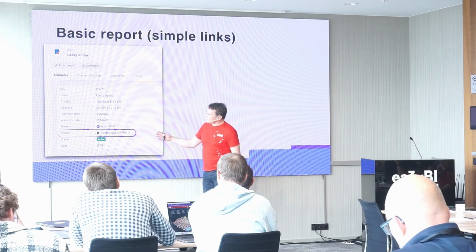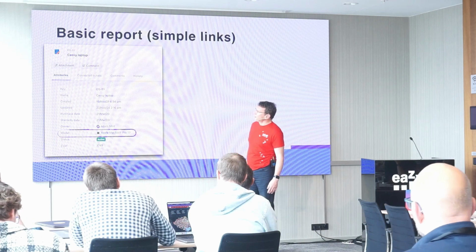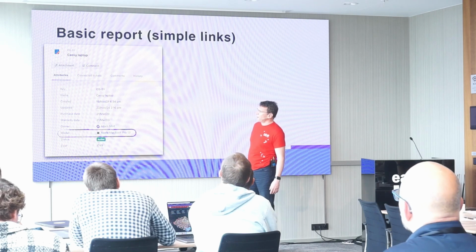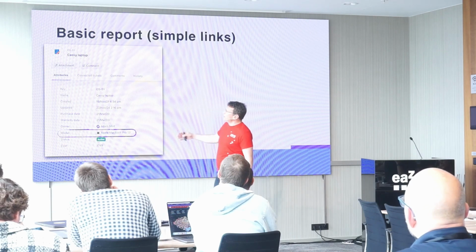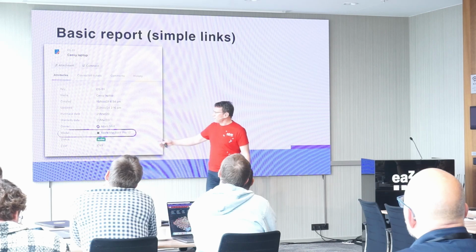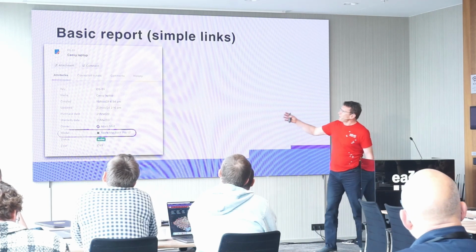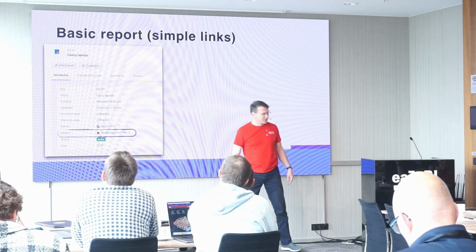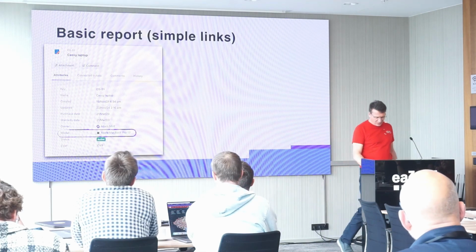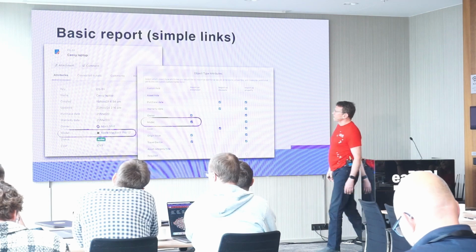So here I have another case, and that could be more frequent. I have an asset object and a link to the asset model. So here is a laptop, and the laptop is some kind of Apple MacBook. And here is what I have to do.